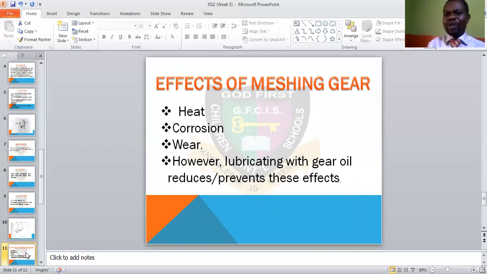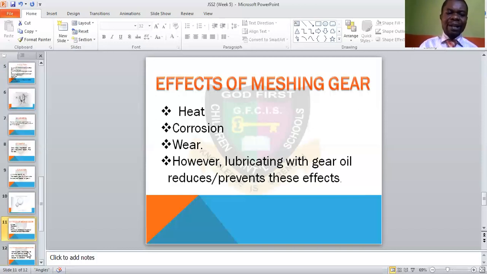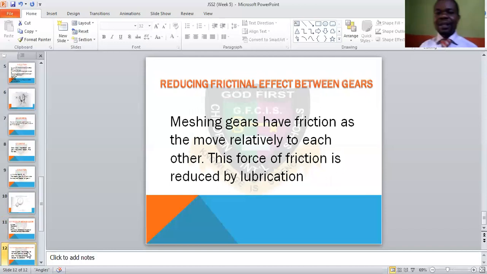They produce the effects of friction, which are heat, corrosion, wear and tear. But these things can be reduced or prevented by the use of gear oil. That is for the effects.